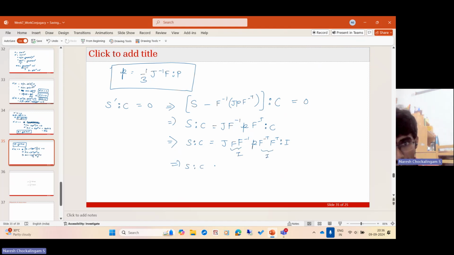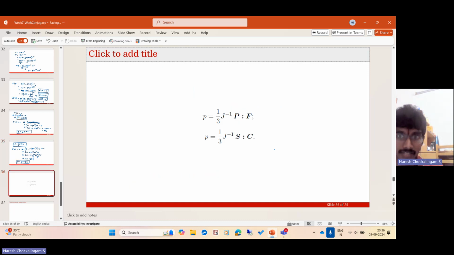Therefore, S contracted with C is J P I contracted with I, which is nothing but 3. So P is also 1 by 3 J inverse of S contracted with C.